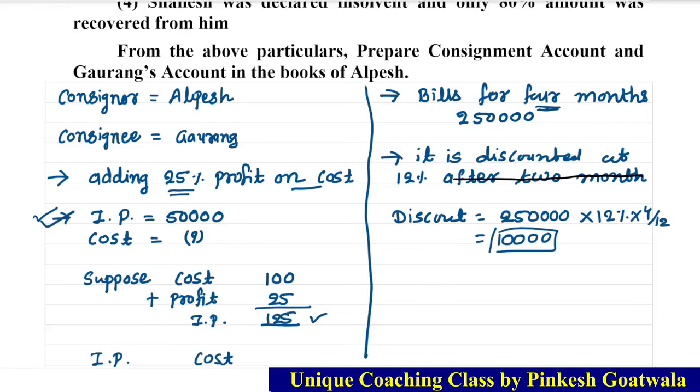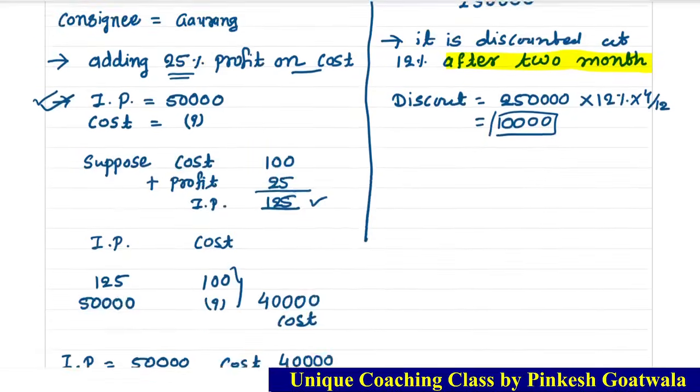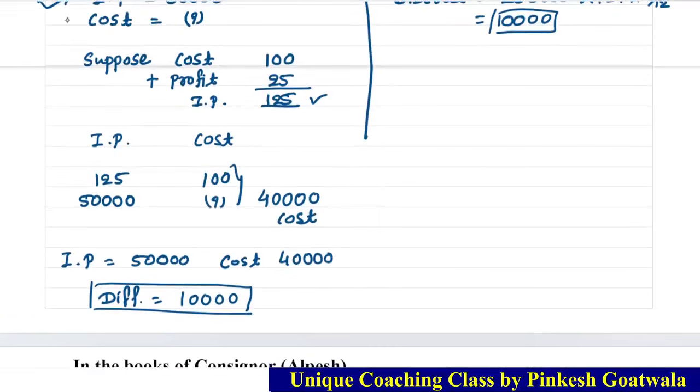Okay, so if the only given point is it is discounted at 12%, we calculate 4 months. But here in the question the point is given that after 2 months, so it is the new point. So let me explain. Suppose in a question the bill is given for 5 months.